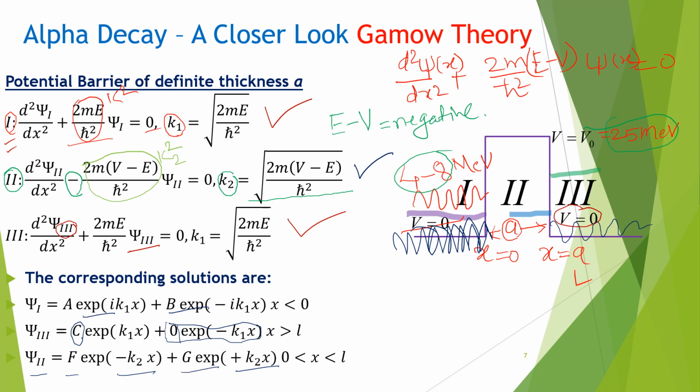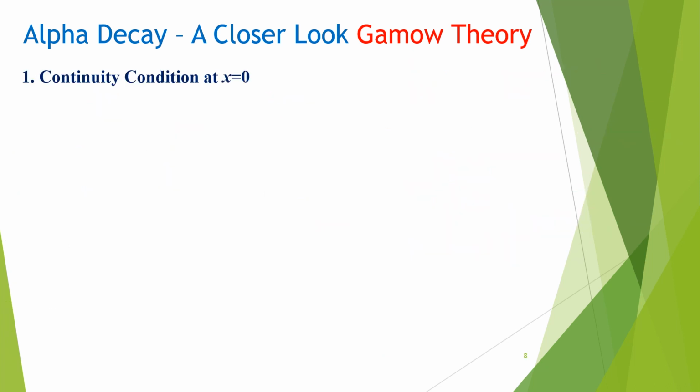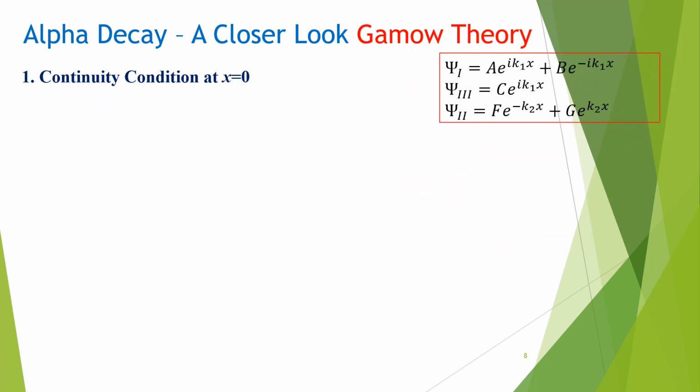This is for the middle region. So we have two similar equations, and for the middle region we have a different equation. So here we have this set of three equations, psi 1 and psi 3 of a similar kind and psi 2 of a different kind.